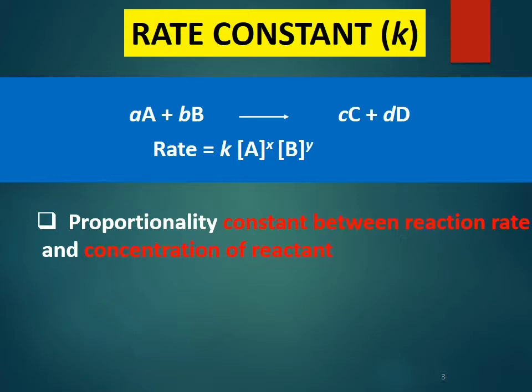It means that k is a constant between the two variables, reaction rate and the concentration of reactants. The unit of k normally depends on the values of x and y. We will see later how to calculate the rate constant k.